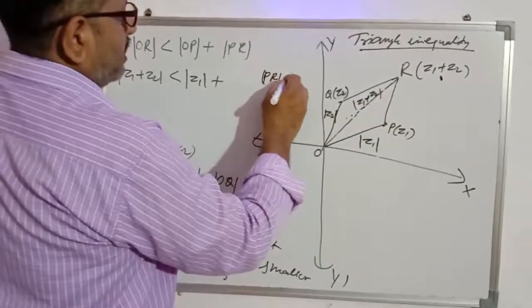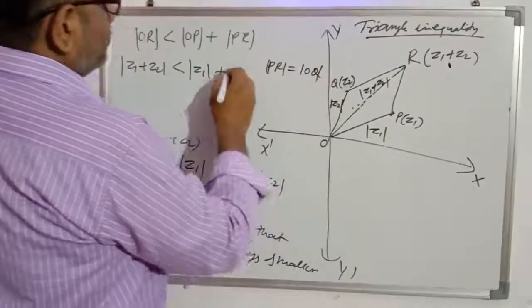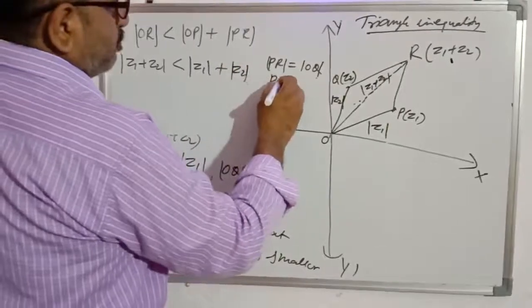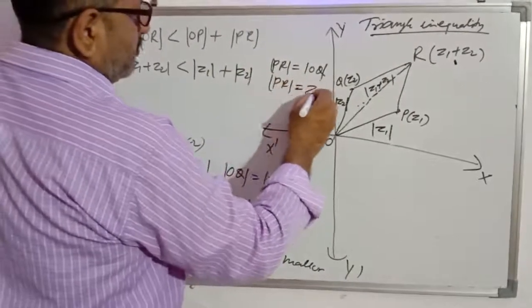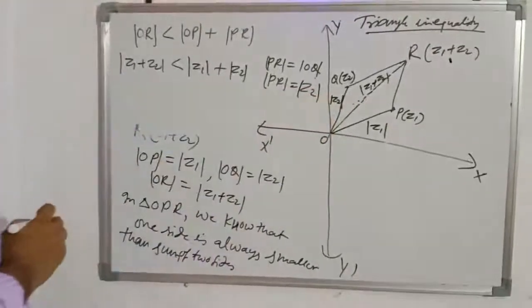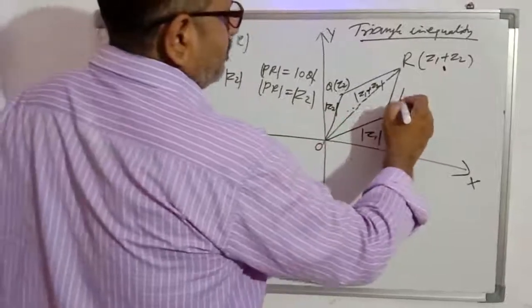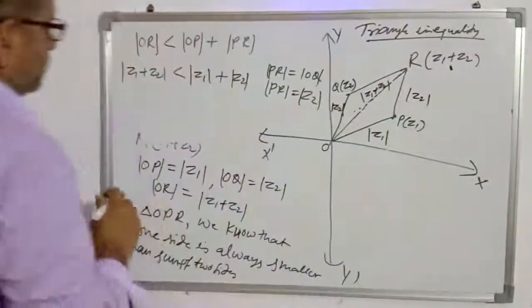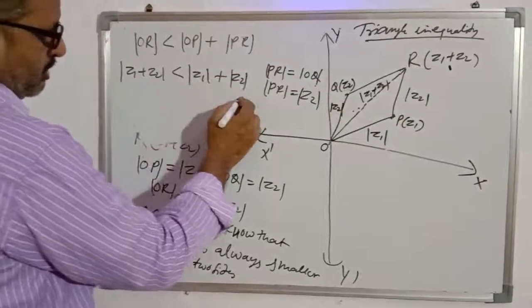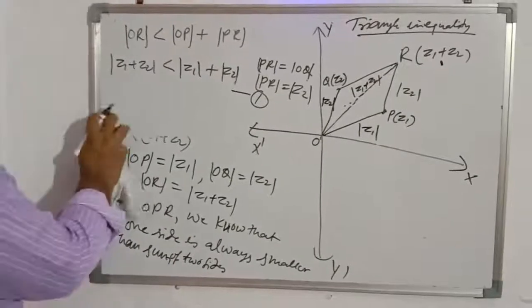Mod of PR will be equal to mod of OQ, which is Z2. So this side will also be Z2. So mod of Z1 plus Z2 is less than mod of Z1 plus mod of Z2. Take it as equation number 1.